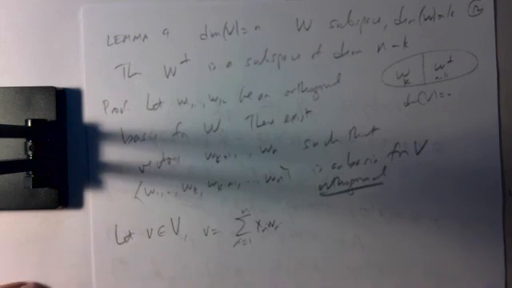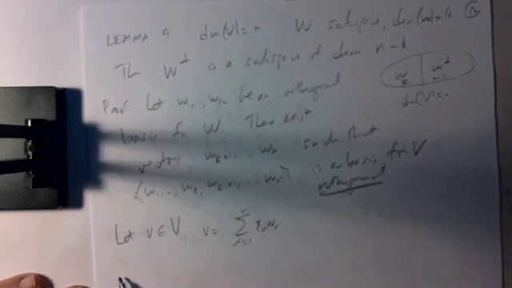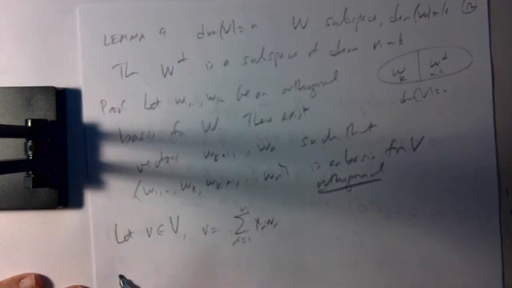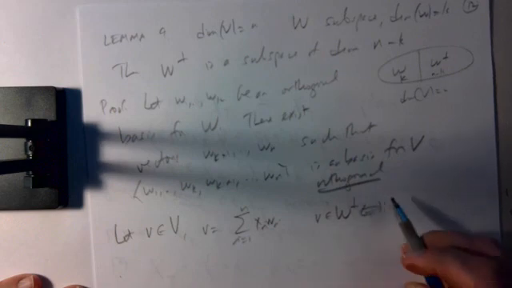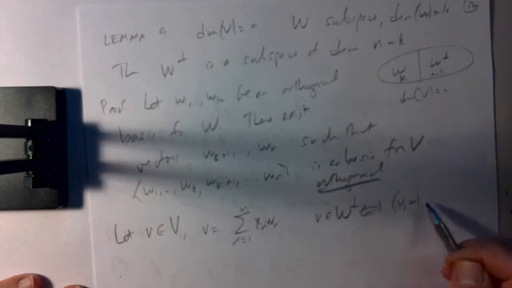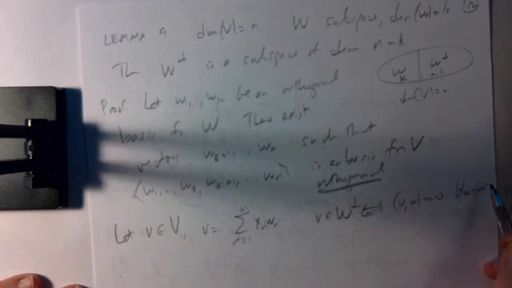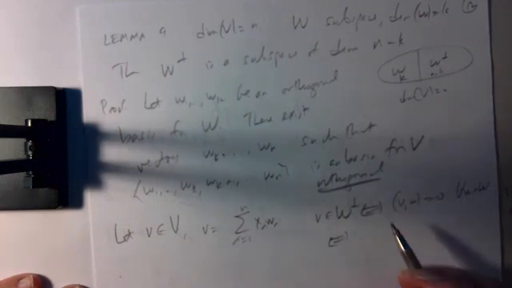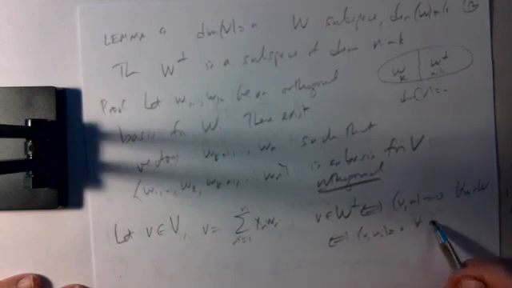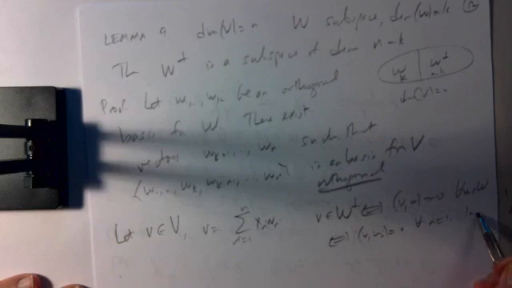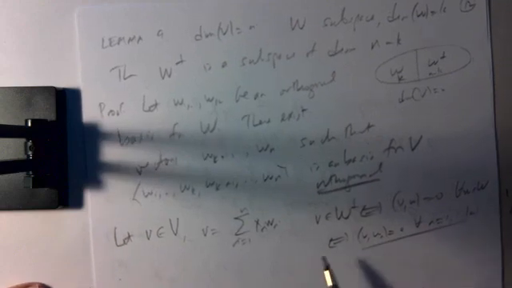Now, v is in W perp if and only if the inner product of v and w is 0 for all w in the subspace W. And it's enough that the inner product of v and w_i is 0 for all i from 1 up to k, because w1 up to wk is a basis for the subspace.